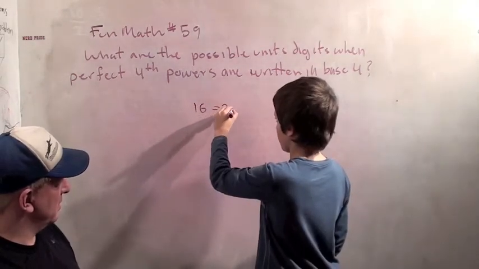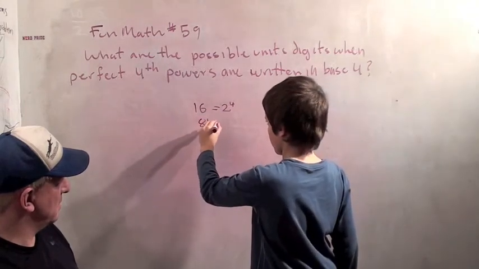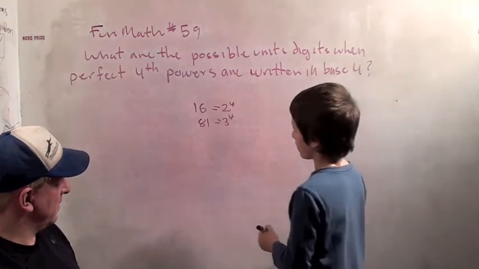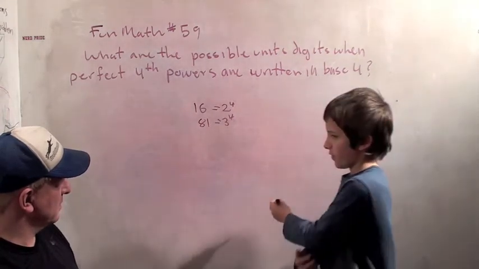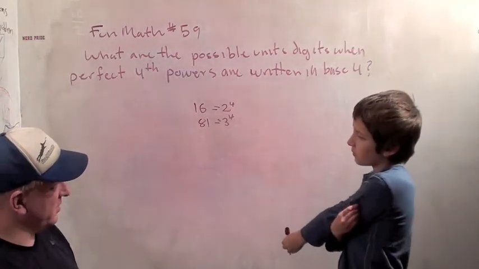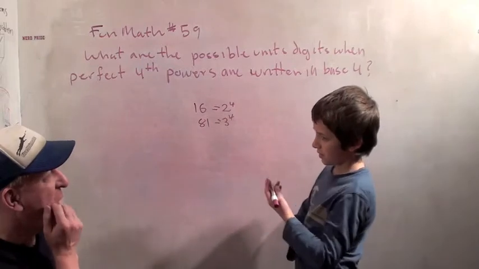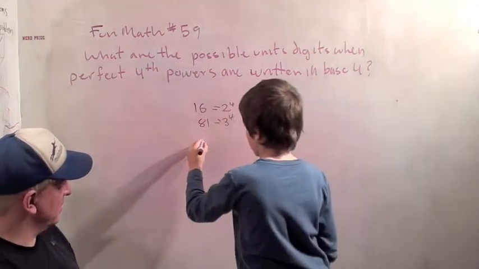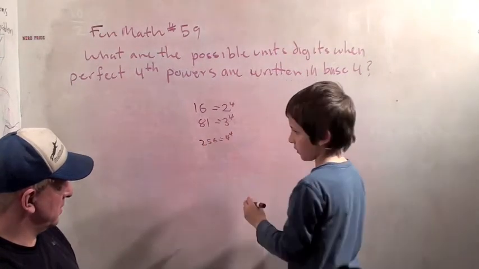Okay. 81 is 3 to the 4th. Okay. I don't know what 4 to the 4th is. See if you can figure it out, because you do know what it is. It's 256. 5 to the 4th is 625.